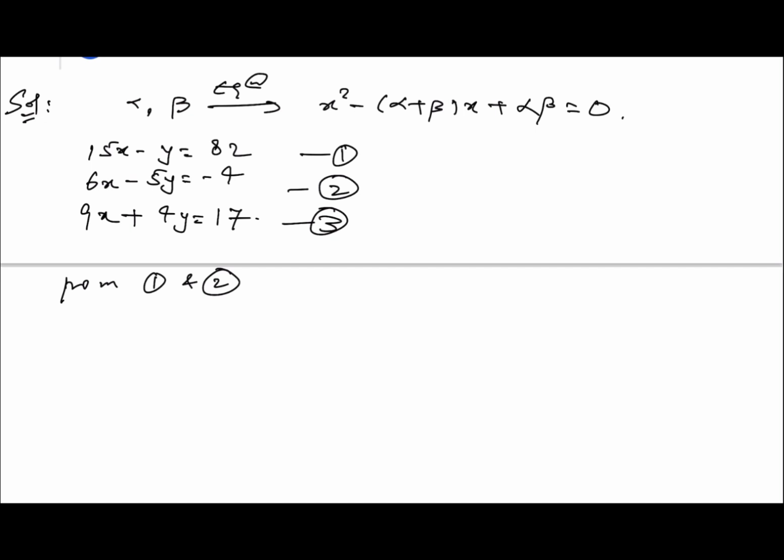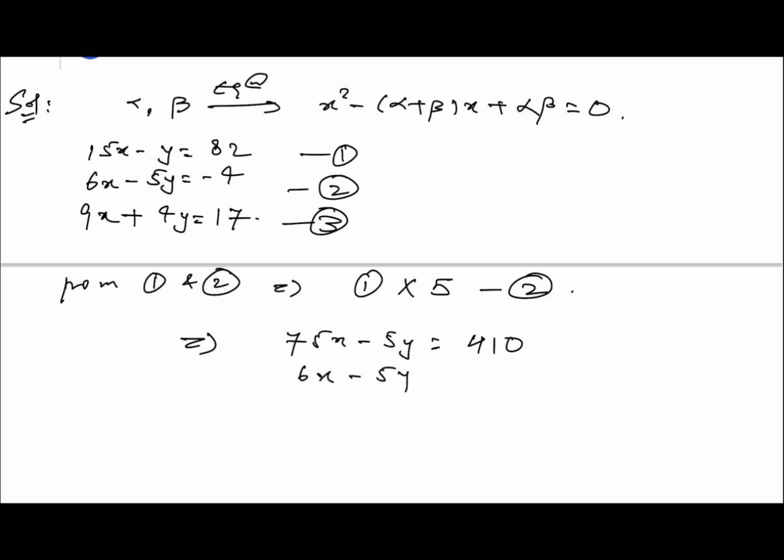So if I multiply equation 1 by 5 and then subtract 2, what do we get? 75x minus 5y is equal to 410 and 6x minus 5y is equal to minus 4, right?